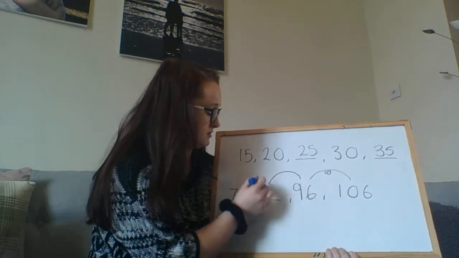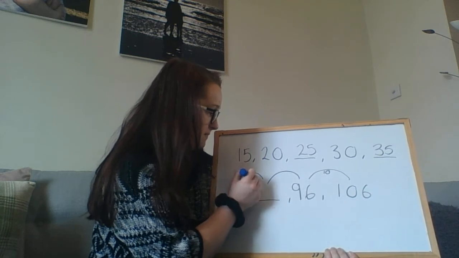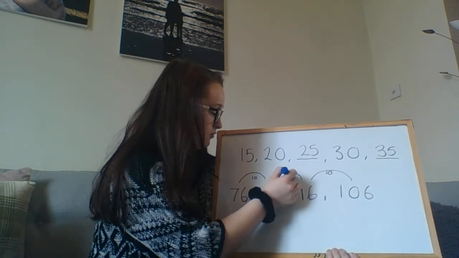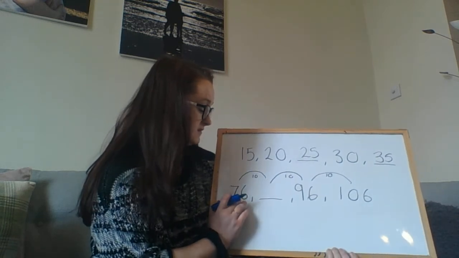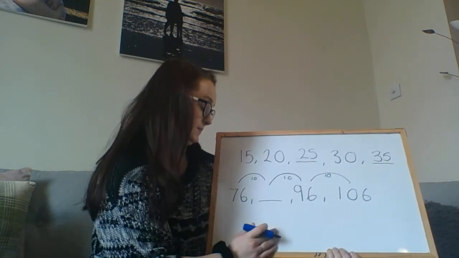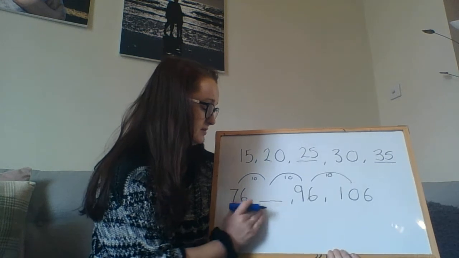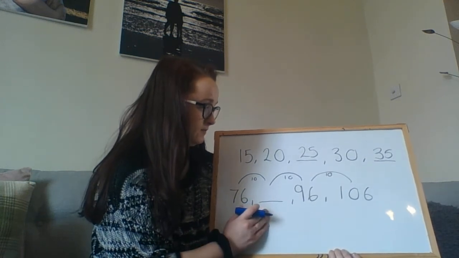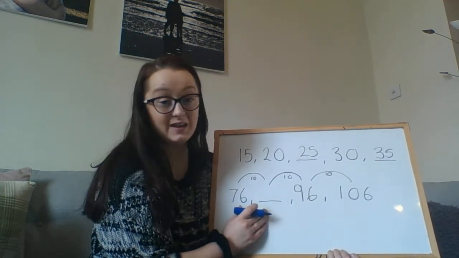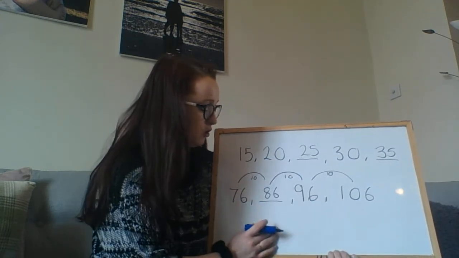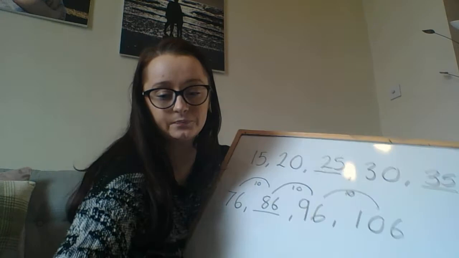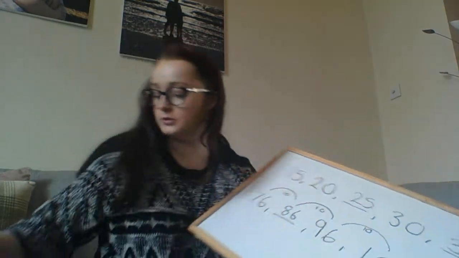So this one's going to be 10 and this one must be 10. So what is 96 subtract 10? Or we could do it this way, 76 add 10. What do you think this missing number might be? If you said 86, well done Year 3. So 86 would go in this gap here. Well, we're doing so well with this. Can't wait to see your work.